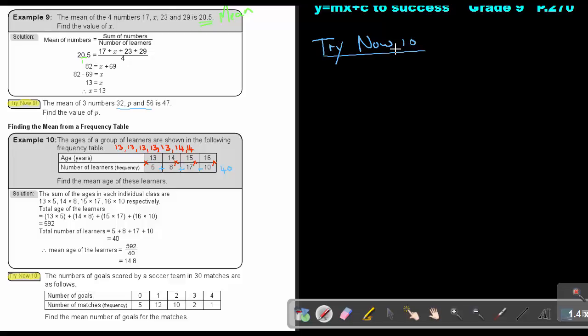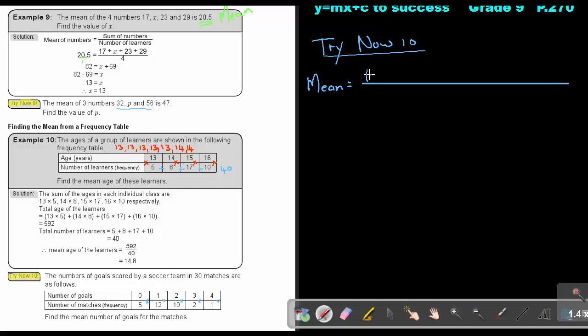So basically, in this one, if I want to find the mean, I will just multiply. I'm just going to make a long line, and then I'm going to start. So remember, I multiply this column.